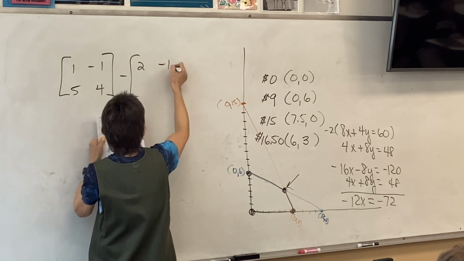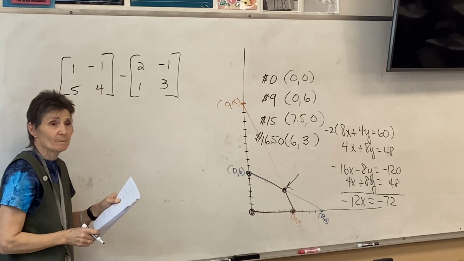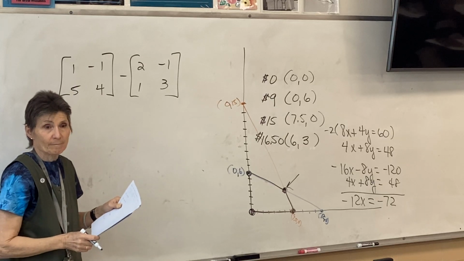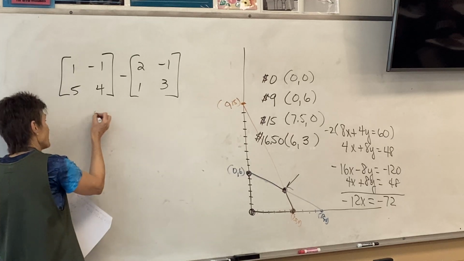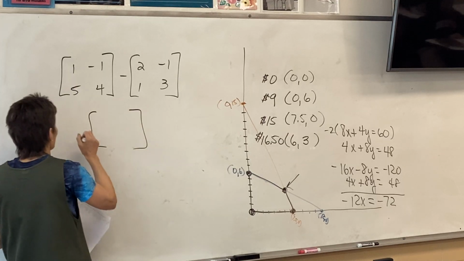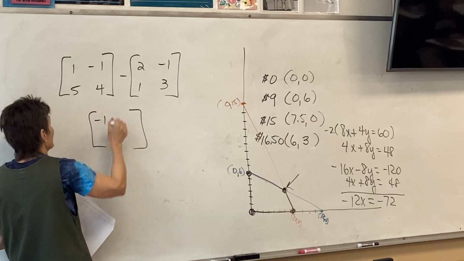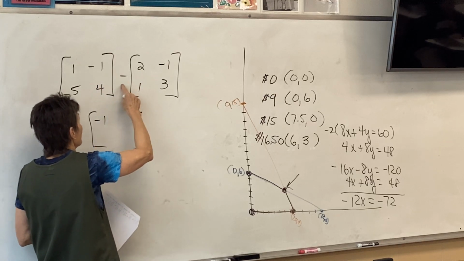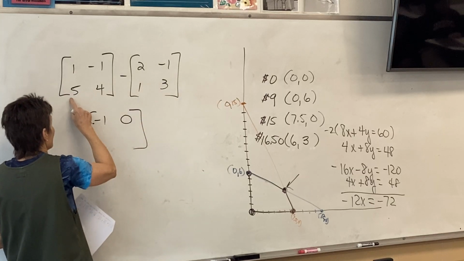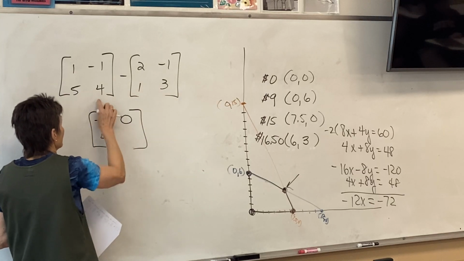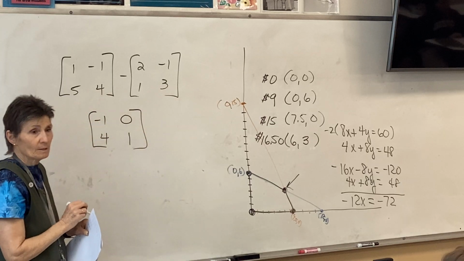Yes, because they're the same size, and that is the requirement for subtraction or addition. Then I just subtract entry by entry, so 1 minus 2, negative 1 minus negative 1, 5 minus 1, 4 minus 3. So that would be the answer to that one.